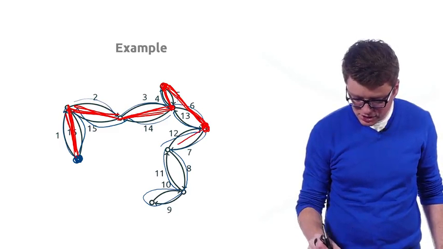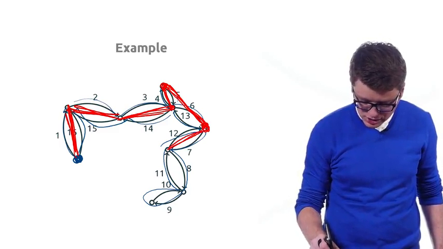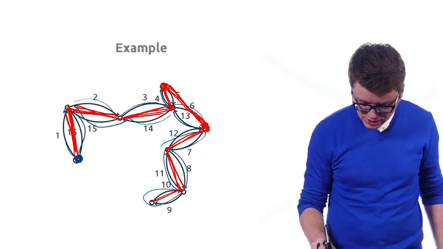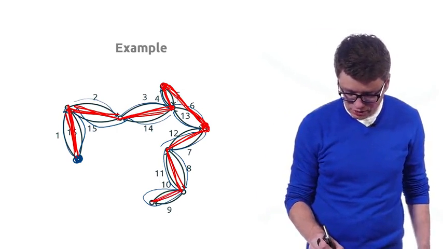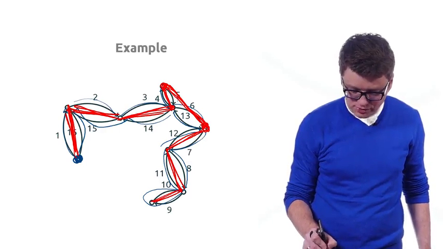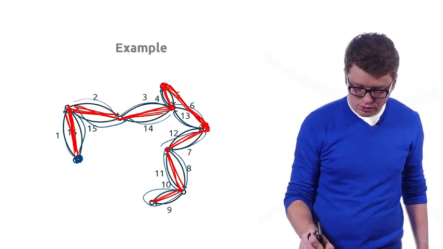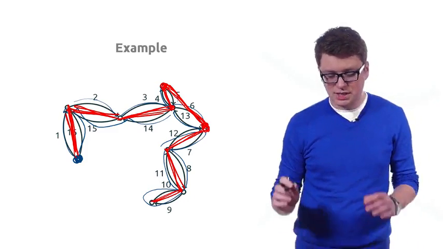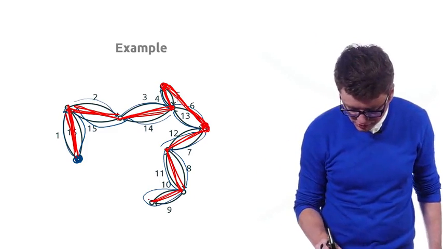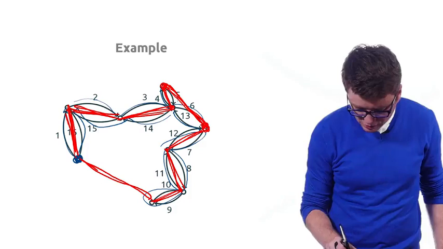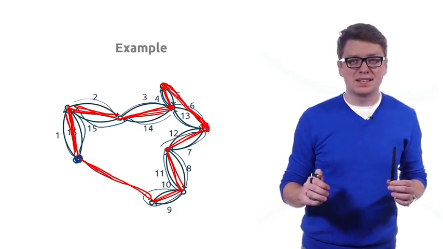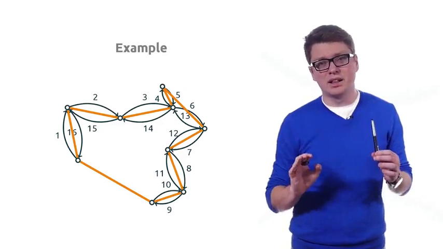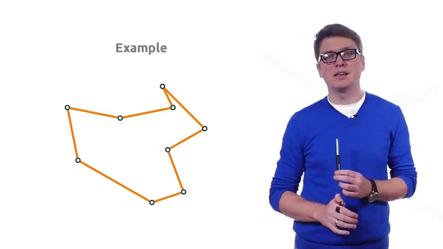So we follow the edge 7, then we follow the edge 8, then we follow the edge 9, and then our Eulerian cycle returns to a node that we visited already, then to this node, to that node, to that node. So we skip all these nodes and we return just directly to the initial node, right? So what we get as a result is a cycle like this one, okay?